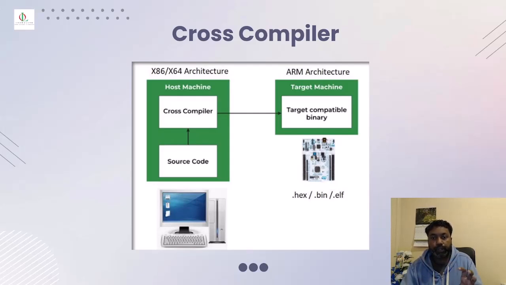That's what is called cross compilation. You're doing a compilation in one environment and moving to the target environment. When you download to the target architecture, it always goes in .hex format or .bin or .elf, but mainly it's .hex. So this is the cross compiler.